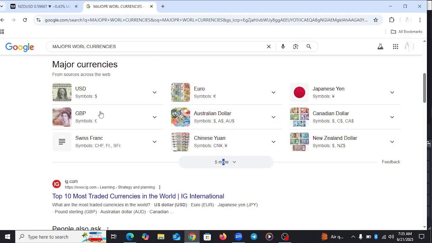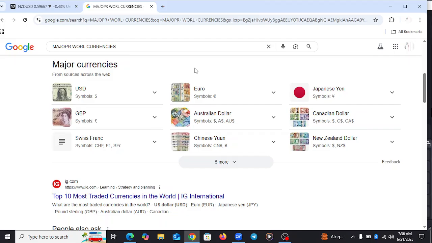Now, when each of these currencies are paired together, the first definition of a major currency pair would be any pair that has the USD in it. But if it doesn't have the USD and it's a major currency paired with another major currency, then those are the pairs we call the minor currency pairs.